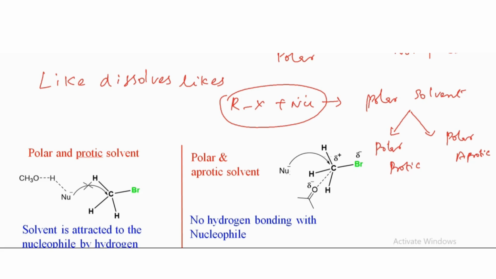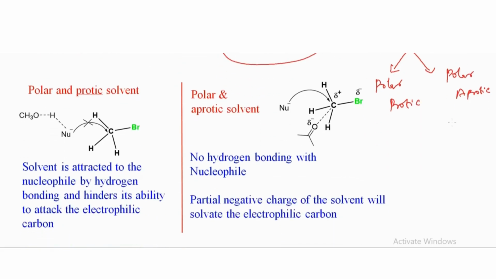Why not a protic solvent? Suppose we choose a polar protic solvent, it has protons. You see, the polar protic solvents can solvate the nucleophile. As a result, the strength will be reduced and it loses its ability to attack the partially positive carbon.